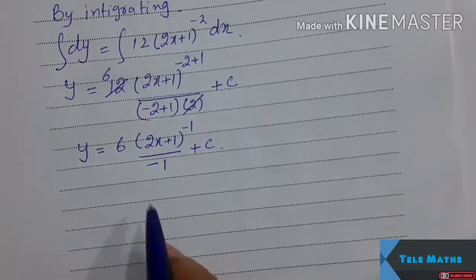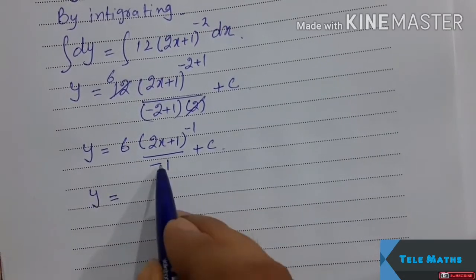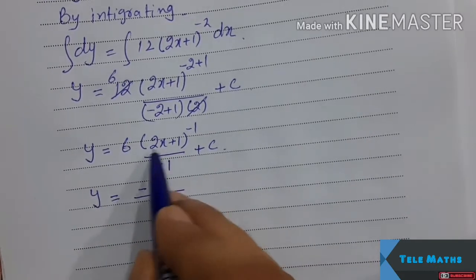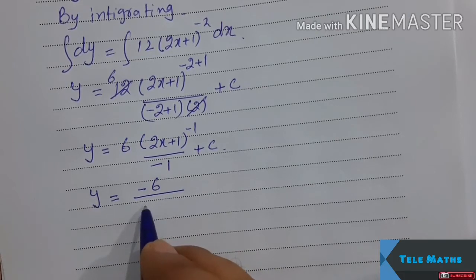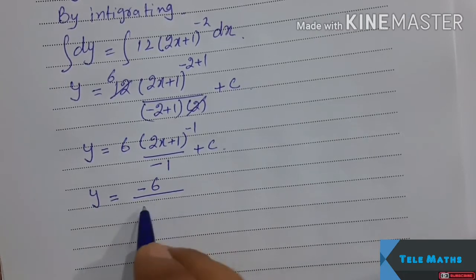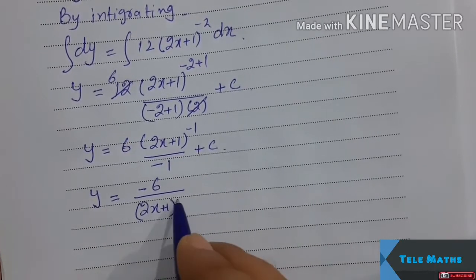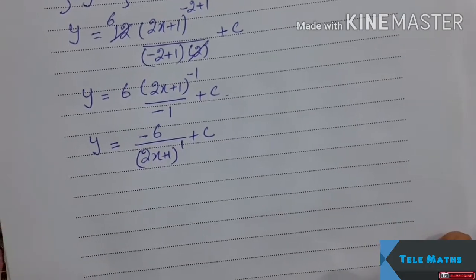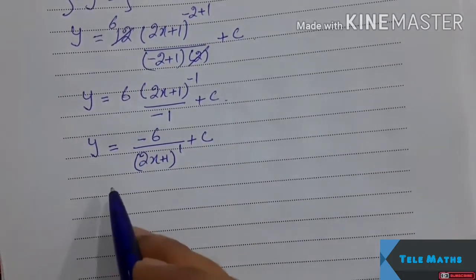Now I can write it as y is equal to minus 6 over, I will take the (2x plus 1) downwards to the bottom of the fraction, so (2x plus 1) raised to power 1, plus c. So this is the equation of the curve, but I need to find the value of c first.